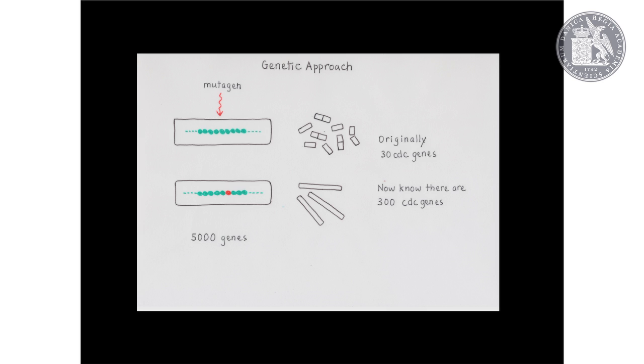And that I've tried to schematize up here. This is a yeast cell. These are a number of genes, these green blobs here. Hit it with a mutagen. Before the mutagen damages it, the cells grow and divide perfectly normally.